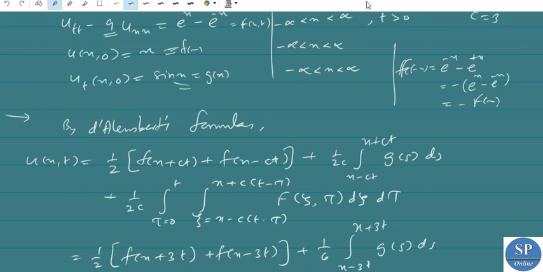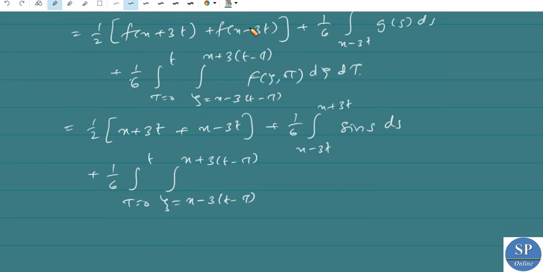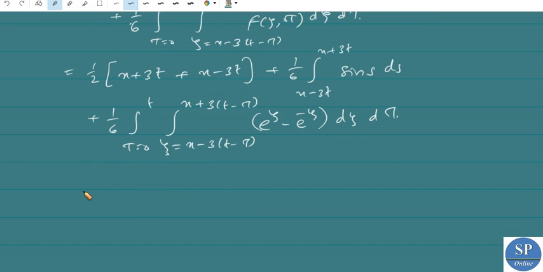Here we have f of x comma t is nothing but e power x minus e power minus x. So f of zeta comma t is nothing but e power zeta minus e power minus zeta, d zeta d tau. Clear.